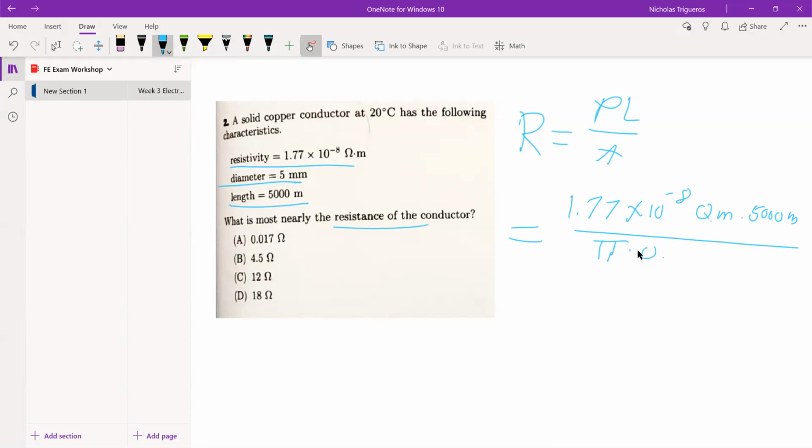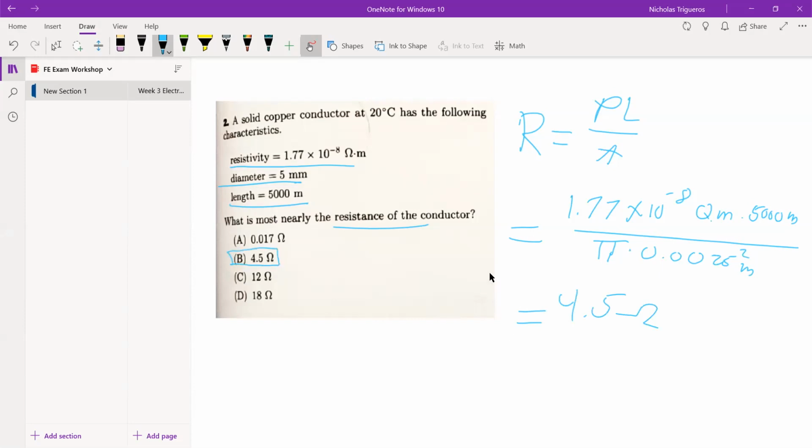Pi times 0.0025 squared. Put that in your calculator. It'll get you around 4.5 ohms, which we have as the answer, choice B here.